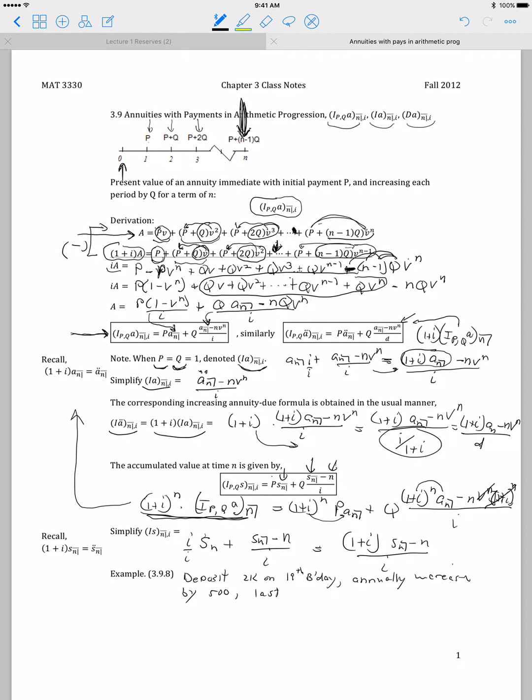The last deposit on the 35th birthday, we want to calculate the net present value on the 18th birthday, and looks like we want to use 4.2% interest.